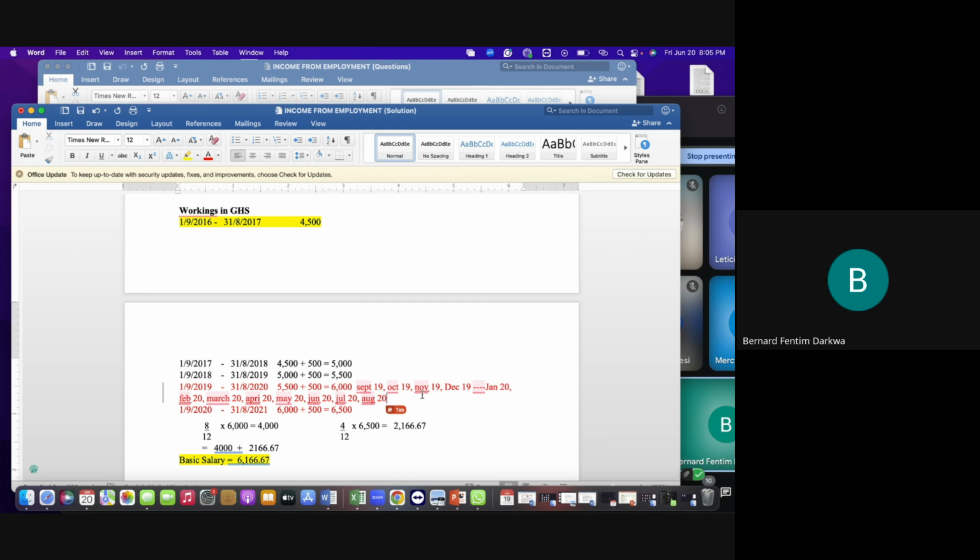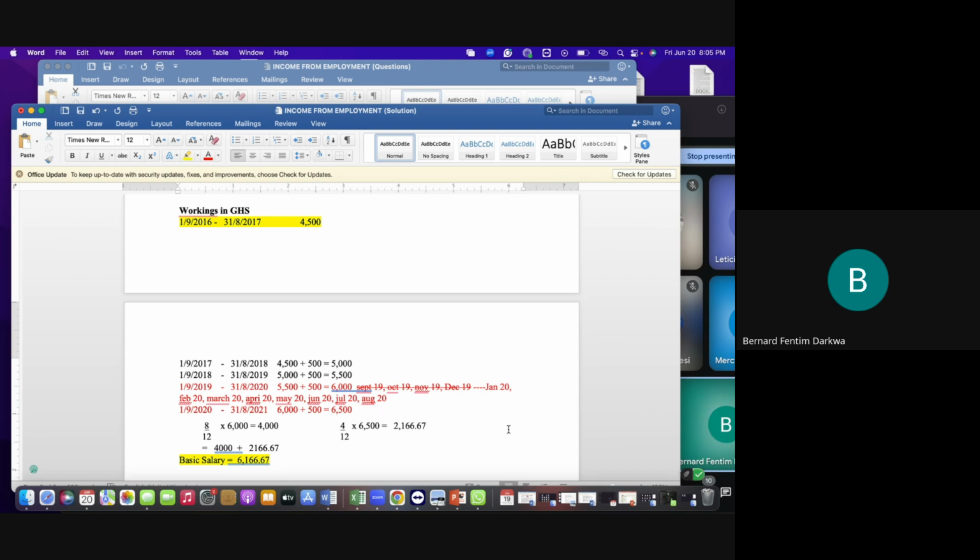Now the question is, we want the 2020 income months within this range. From September 2019 up to December 2019, that is 2019, and we don't need it. The only 2020 information is from January 2020 up to 31st August, which is 8 months. That's how we got the 8 months out of 12, multiplied by the 6,000.